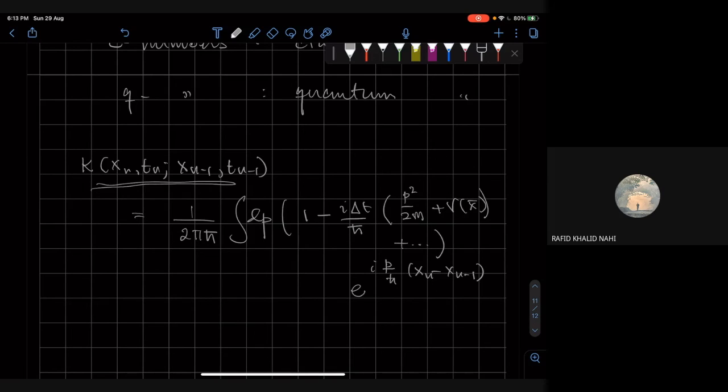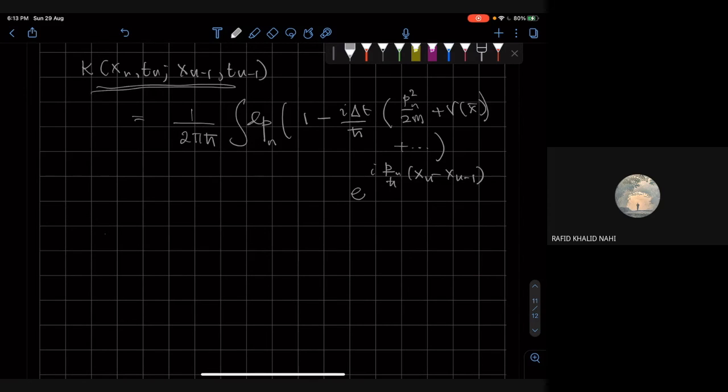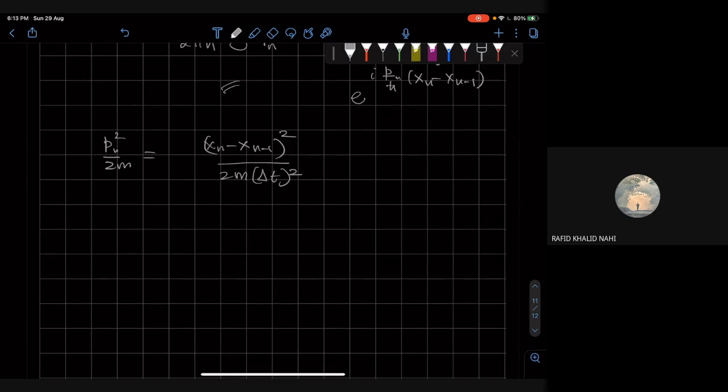Okay? So let me just use the index n here. So now see that p_n squared over 2m is (x_n minus x_{n-1}) squared divided by 2m delta t squared, right? So if I use this, I can rewrite this thing in the following way.